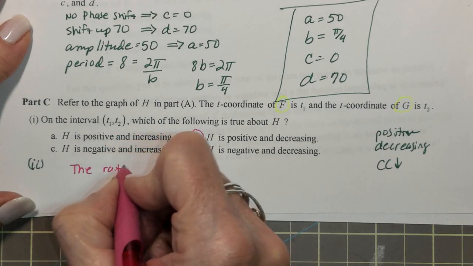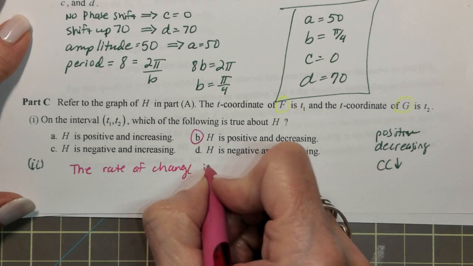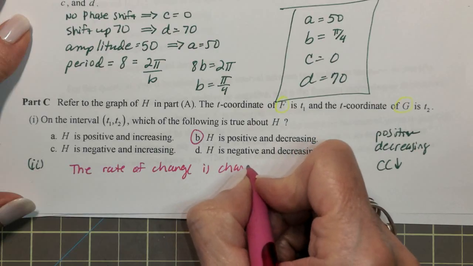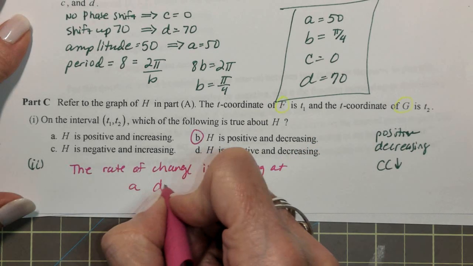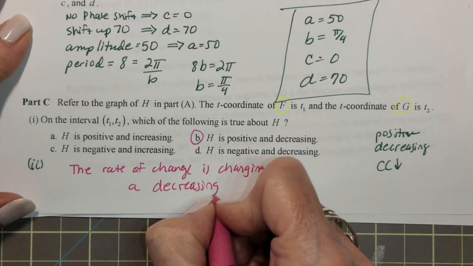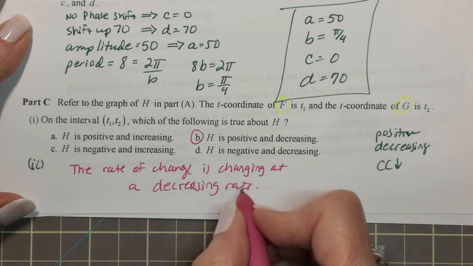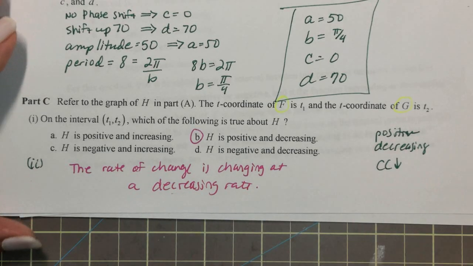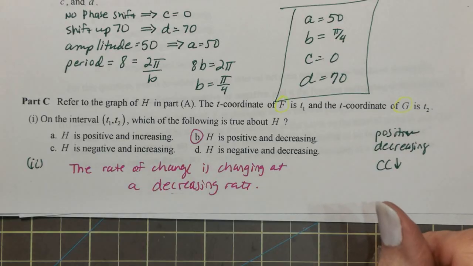The rate of change is changing at a decreasing rate. Concave down, decreasing rate. Okay, that is it for modeling a periodic context FRQs.